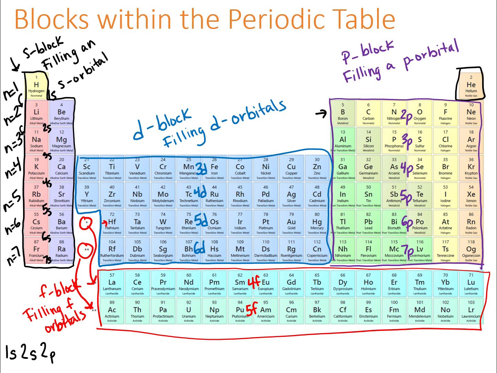Drop down again to N equals 3. 3s, 3p. Level 4, 4s, 3d. So that's out of number order, but in energy, this is increasing order. 3d is a little bit higher in energy than 4s. Then you fill the 4p.